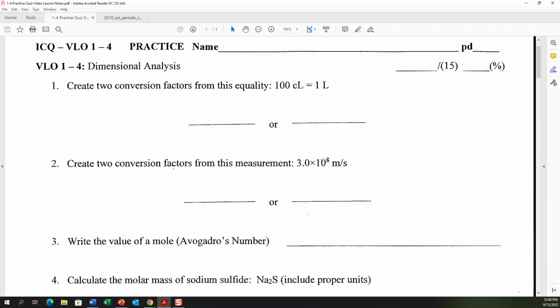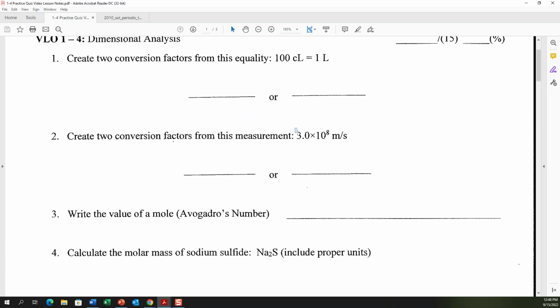All right, next question. They don't necessarily give us an equality. They give us a unit, meters per second. And so remember, it doesn't matter what this unit is, and it doesn't matter what this unit is. If you have a unit, something over something else, so meters per second, this could be X and that could be Y, X per Y, whatever, grams per mole, like the units for molar mass, we can make a conversion factor.